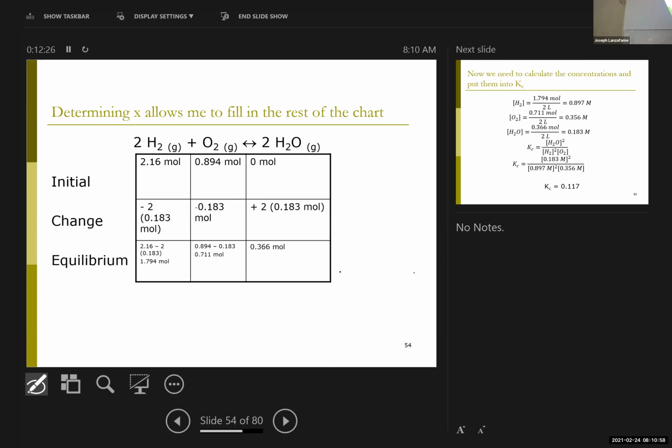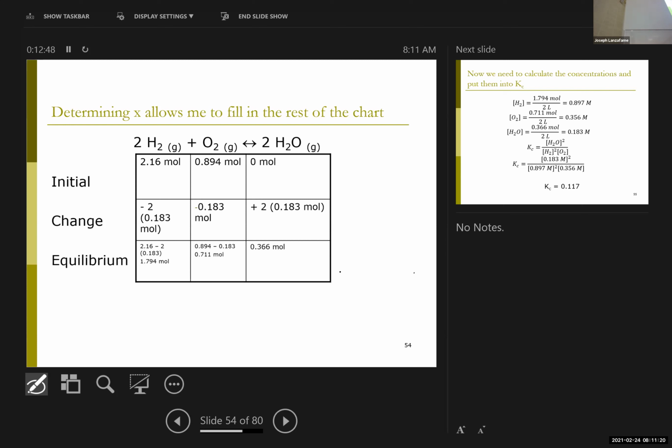I can start with whatever I want. There's no relationship. I end up with whatever I end up with. The only thing that's 2 to 1 to 2 is the stoichiometry of the reaction, meaning it's the stuff that reacted, which is what the change line really represents.